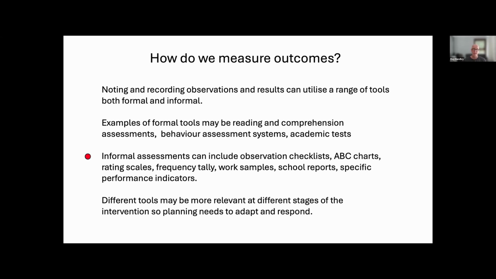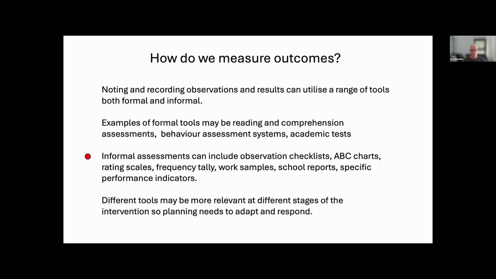Now, informal assessments will make up the bulk of how we use these, and that's going to be things like developing observational checklists, or using the ABC charts and just recording a number of incidents over different times and different places.